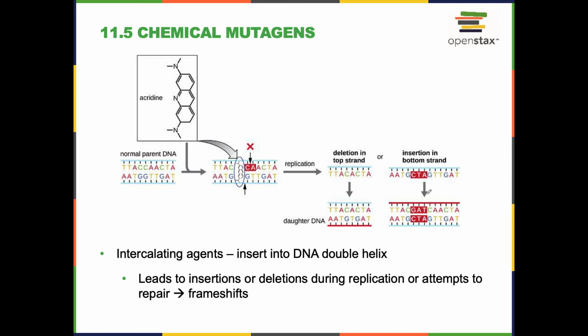And then even in worst cases, someone else sees that and thinks it's hilarious, and they jump on the couch too, and all of a sudden you have way too many. So now you have this insertion, right? So intercalating agents, as you try to fix the situation, can often lead to either deletions or insertions, which then leads to frame shifts, right? So intercalating agents lead to frameshift mutations. Good?